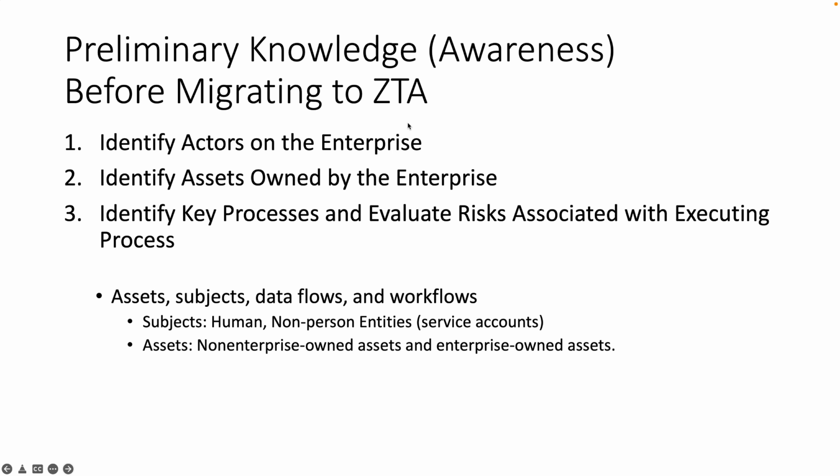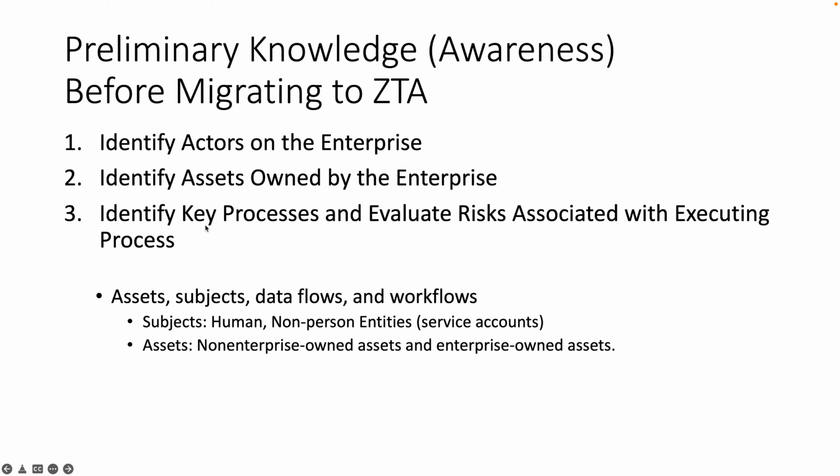These 7 steps are fully consistent with this design: assess, design, deploy, then operate. Actually, all the first 3 steps are set for assessment. Identify actors on the enterprise and assets owned by the enterprise. Actually, some assets not owned by the enterprise need to be identified as well.